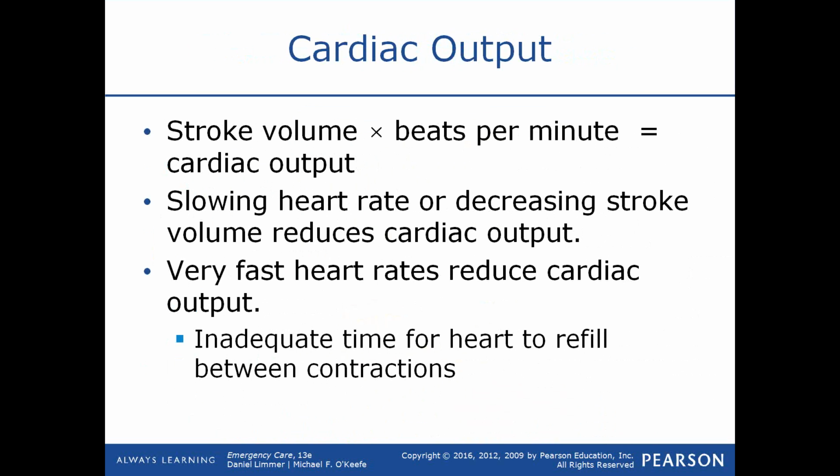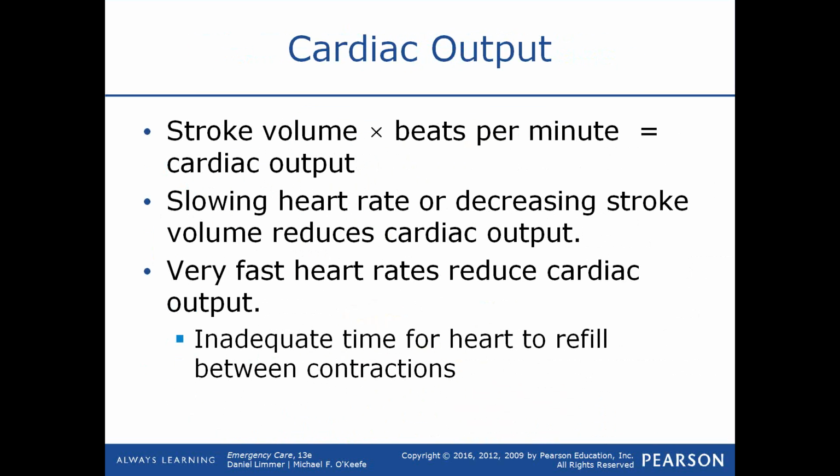Now, stroke volume times heart rate, I already told you, is cardiac output, and cardiac output is a major byproduct of blood pressure. Now, a heart that beats really slow or a heart that beats really fast, not allowing time to fill the ventricles, will cause a decrease in stroke volume.